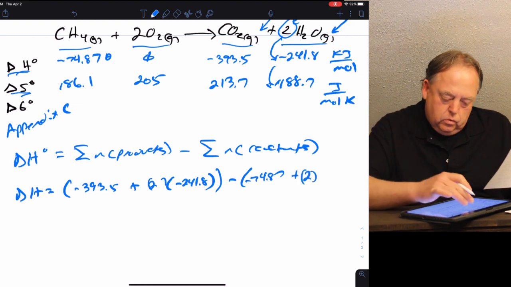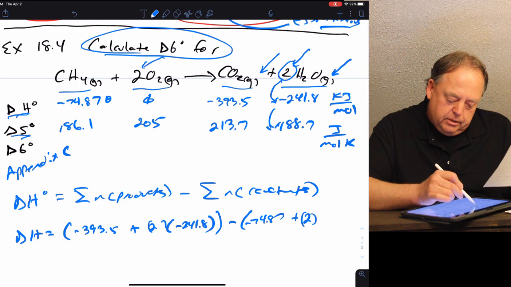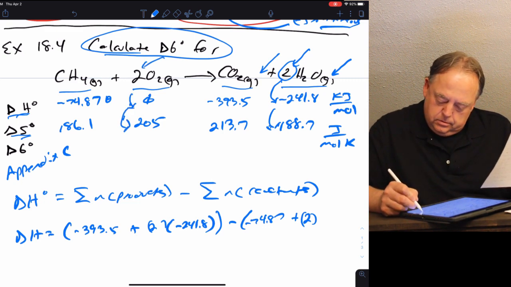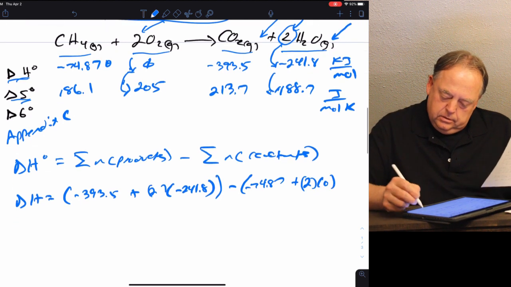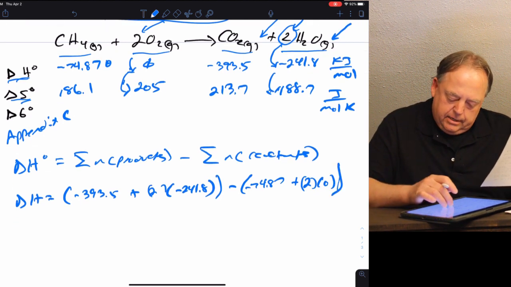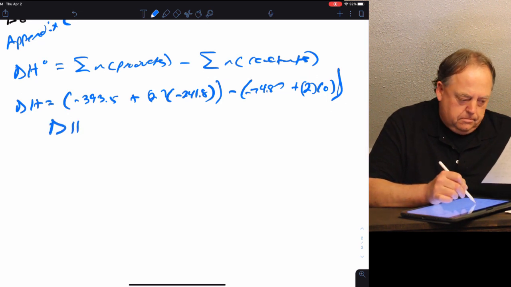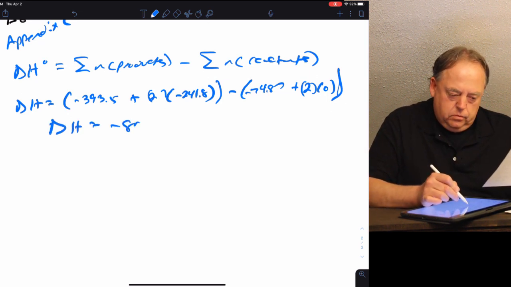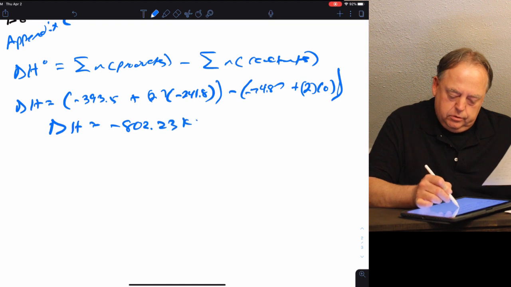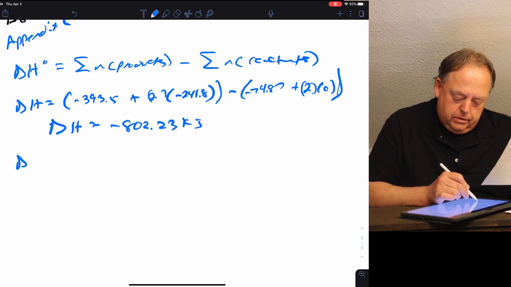Again, there's 2 oxygen molecules, so you have to multiply these numbers by 2. If you calculate that out, delta H is equal to negative 802.23 kilojoules.